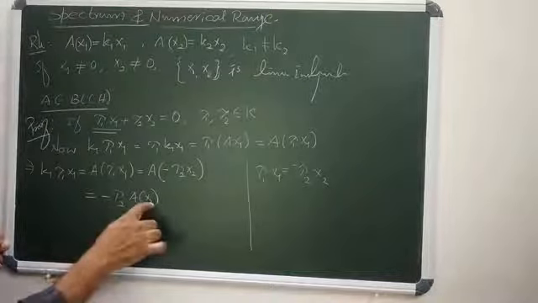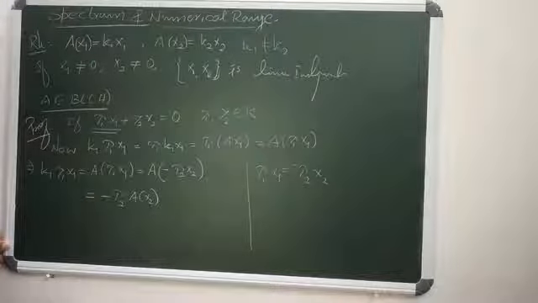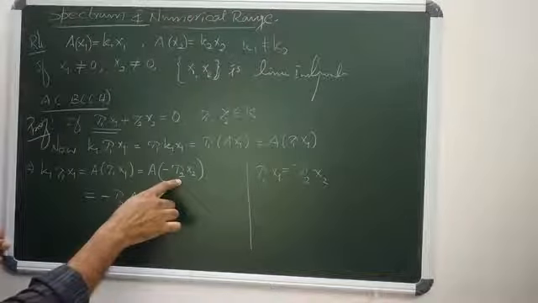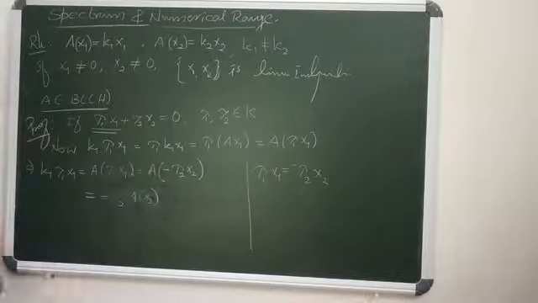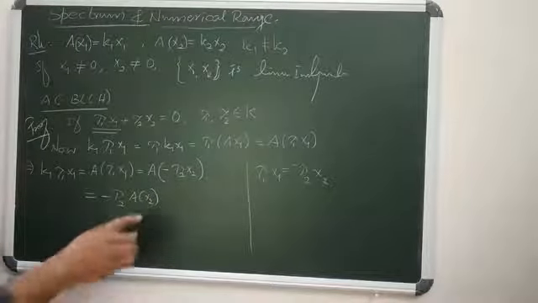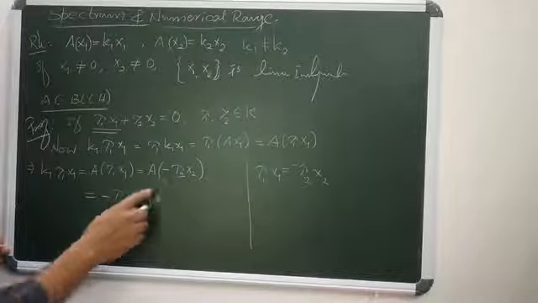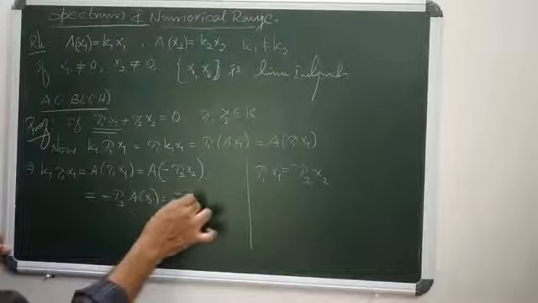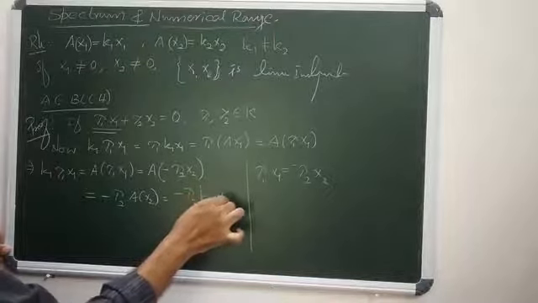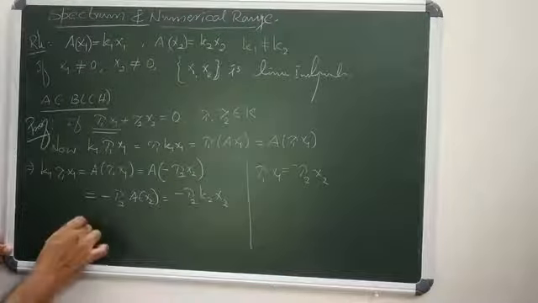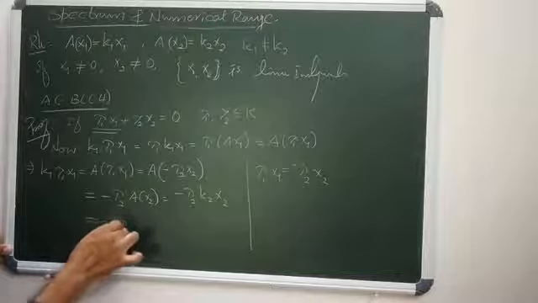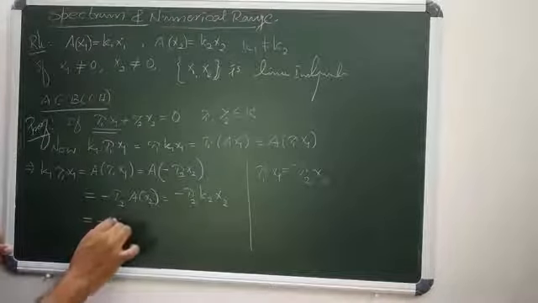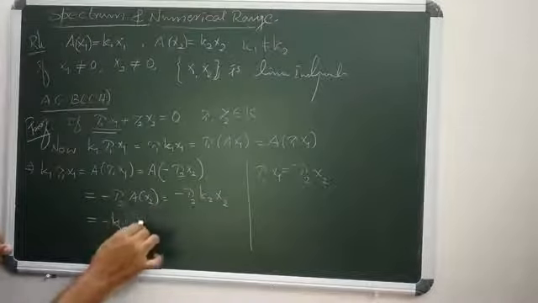But what is Ax2? Ax2 equals k2 x2. So A of lambda 1 x1, that is A of minus lambda 2 x2, equals minus lambda 2 k2 x2, which equals minus k2 into lambda 2 x2.